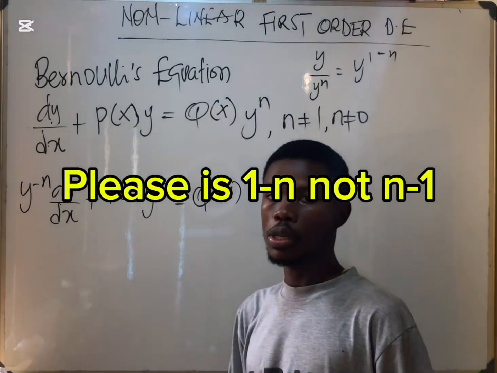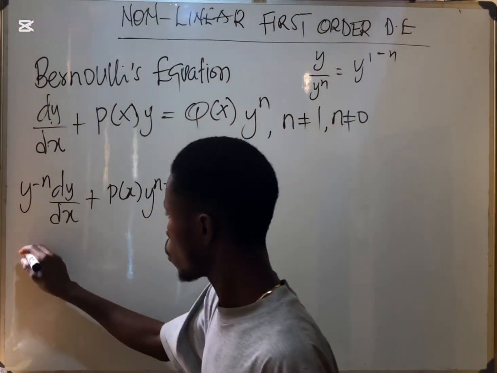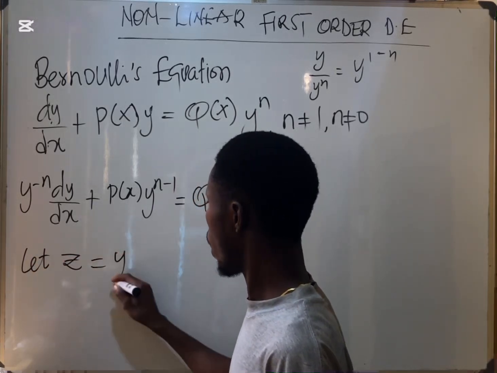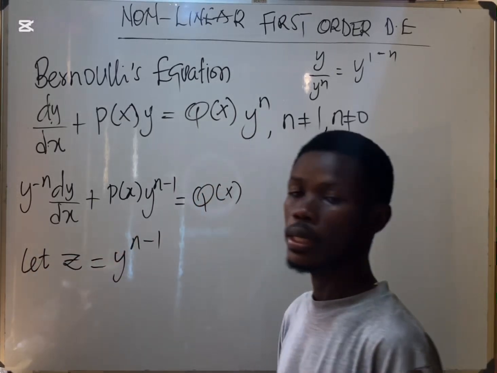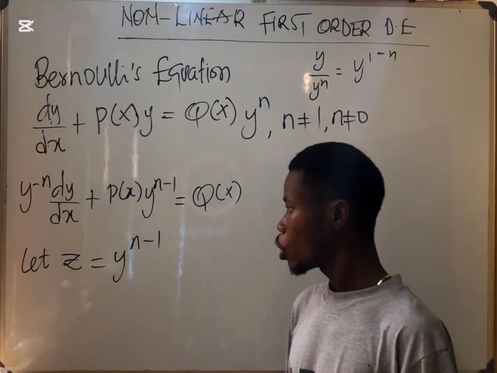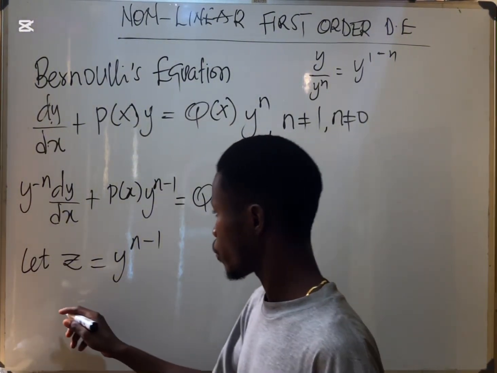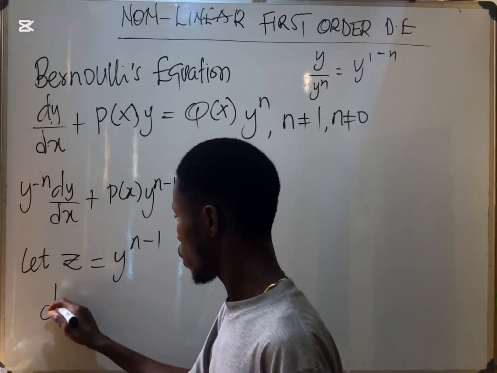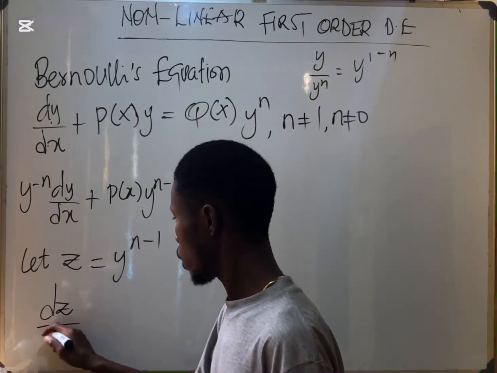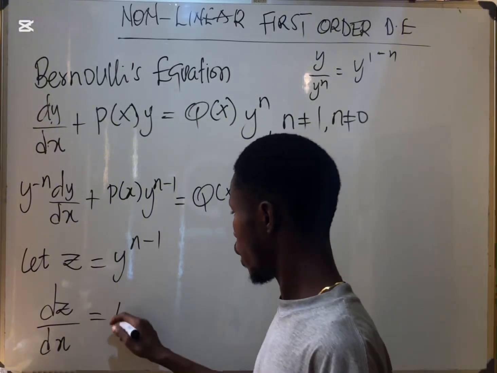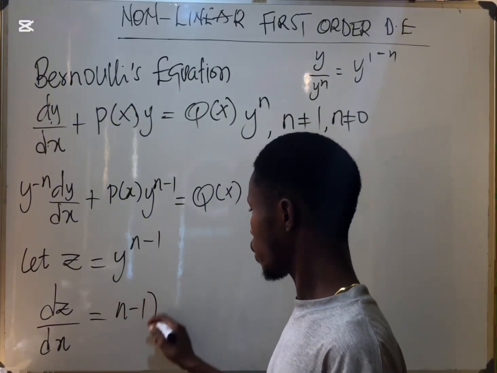Now the next thing to do is to let z be equal to y to the power 1 minus n. When you do this, definitely we are going to have dz/dx equals 1 minus n times y to the power negative n dy/dx.